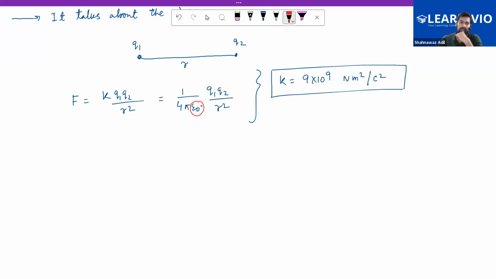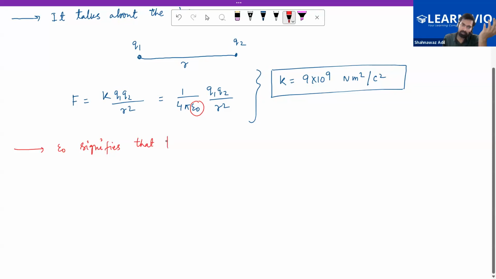Which means that this signifies that the force is also dependent upon the medium. So if the medium changes, the force will also change. We already know that the force is dependent upon the charges, and also upon the separation between charges.